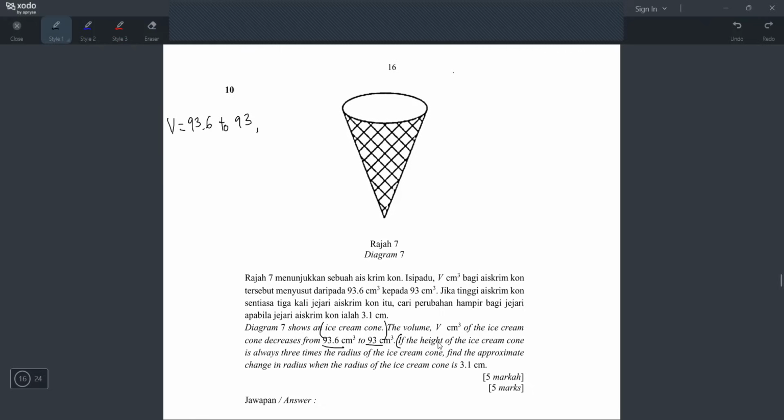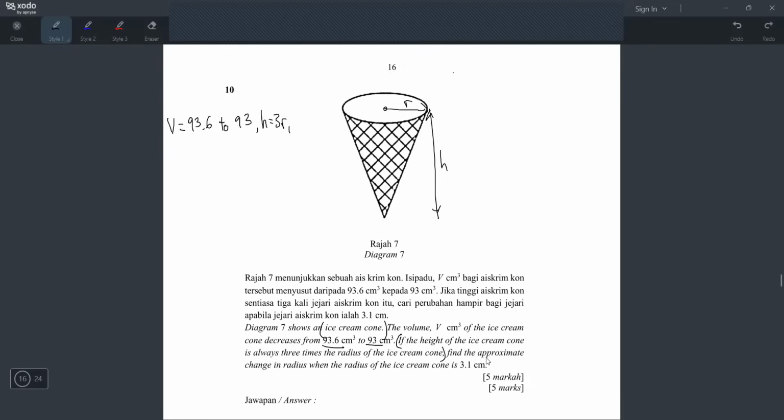Okay, now it says the height of the ice cream cone is always 3 times the radius of the ice cream cone. So let's use some alphabet to represent the height and the radius. We can use H to represent height, or we can use R to represent radius, or maybe some of you want to use J also can, because some of you learn in Bahasa Melayu, you want to use jari for radius, can also. Okay, so they say the height is 3 times the radius, so H equals 3R, right? So whatever they say, I just write down in one line.